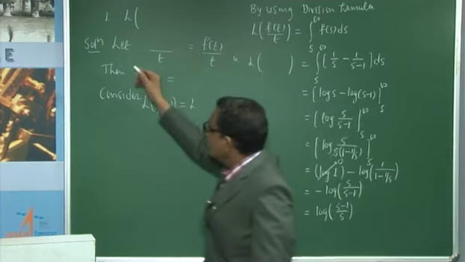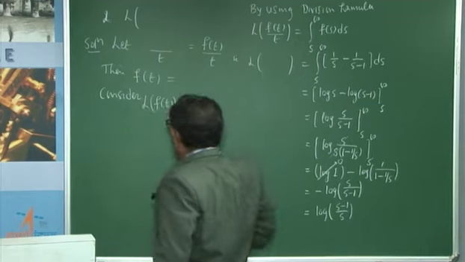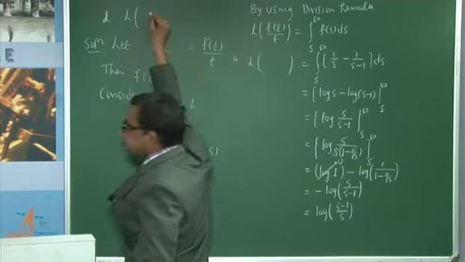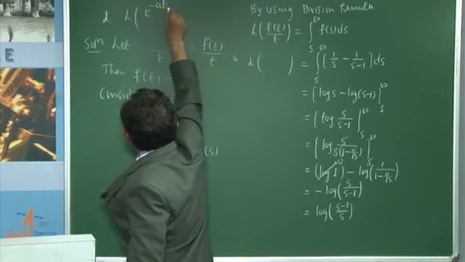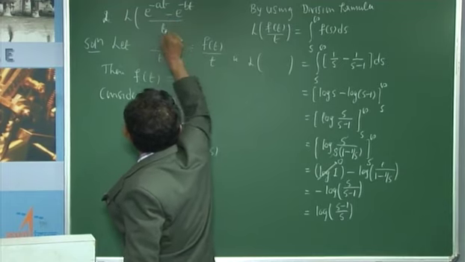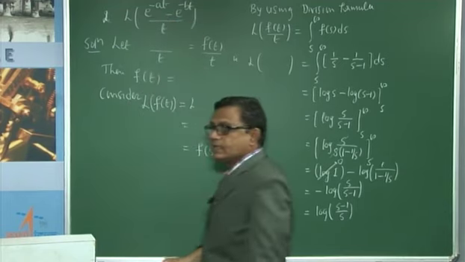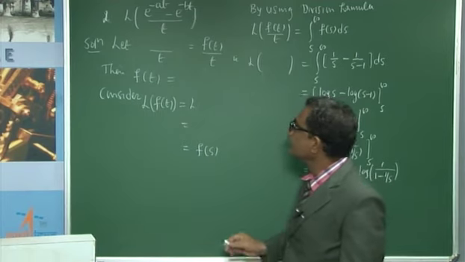Now the second example is e raised to minus at minus e raised to minus bt divided by t. This is your second example. Now how to find the solution?